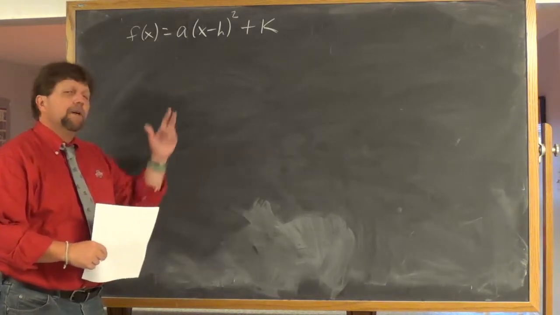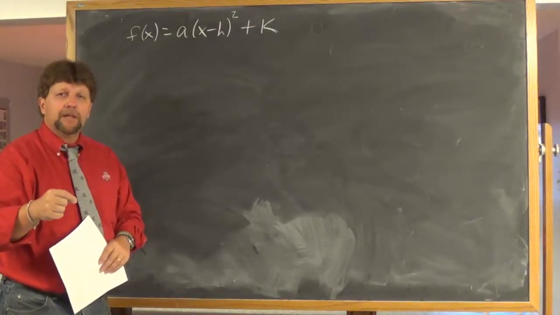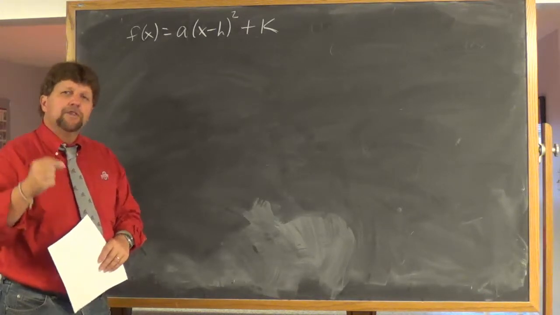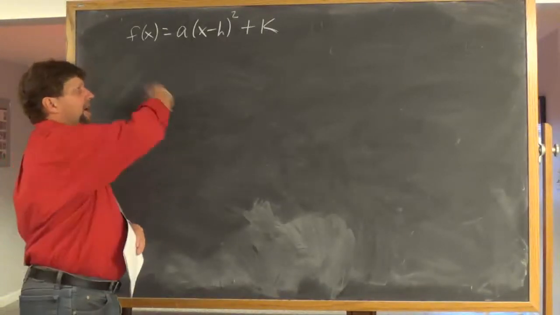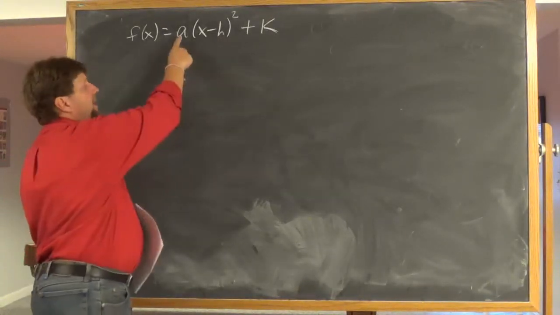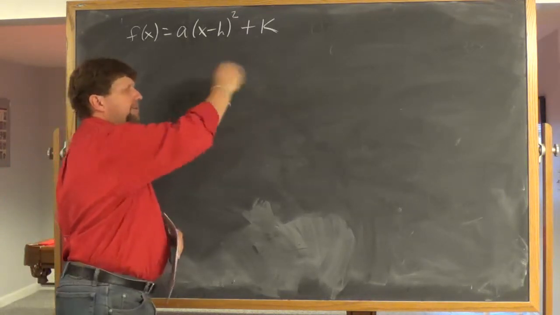And there's some benefits to having the standard form. First off, let's talk about how we know if this graph is going to be a happy or sad parabola. It's exactly what I just told you. If this number here, a, is positive, greater than 0, you're going to have a happy parabola. If it's negative, less than 0, you're going to have a sad parabola.